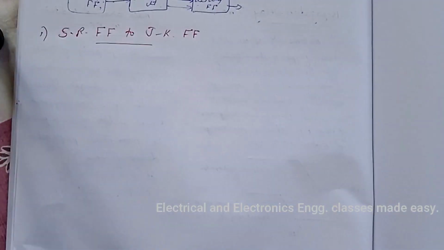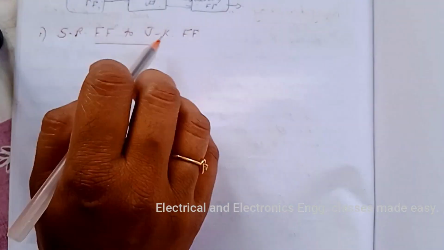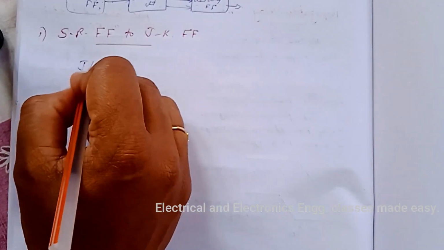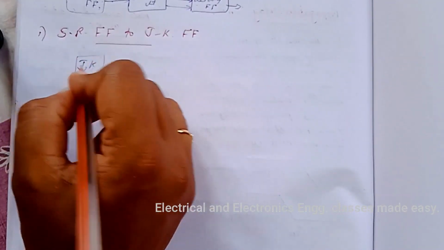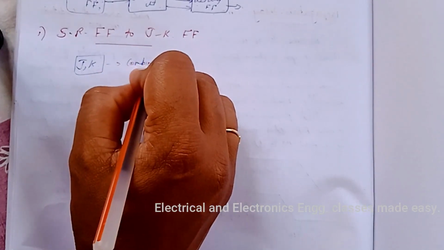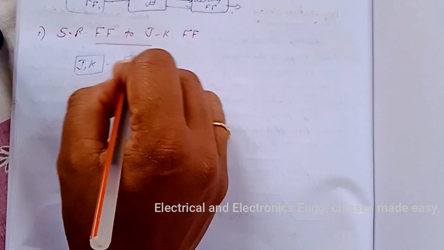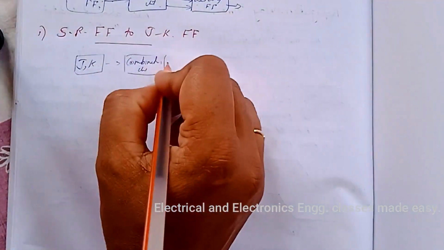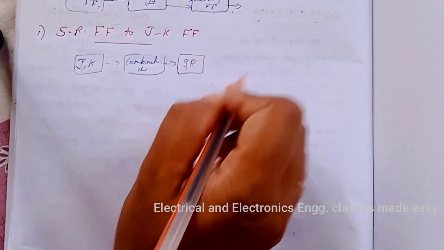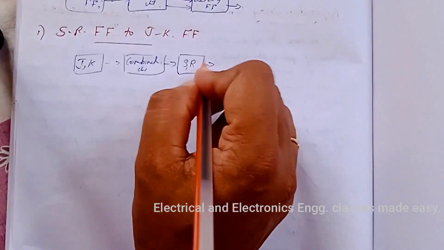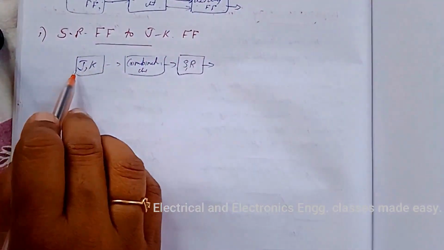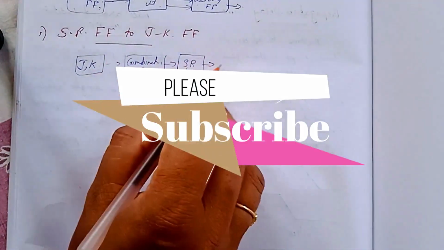To convert SR flip-flop to JK flip-flop, JK are the actual inputs and there will be a combinational circuit that we have to design, and this is our actual flip-flop SR, and then we will get the output, which will be the required flip-flop's, that is JK's, output.